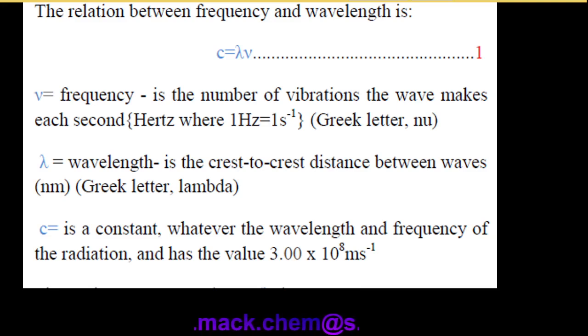So we look at the number of waves per second, and the unit for frequency is either 1 s^-1, which is per second, or what we call a hertz, where 1 hertz, as you can see, is equal to 1 s^-1.